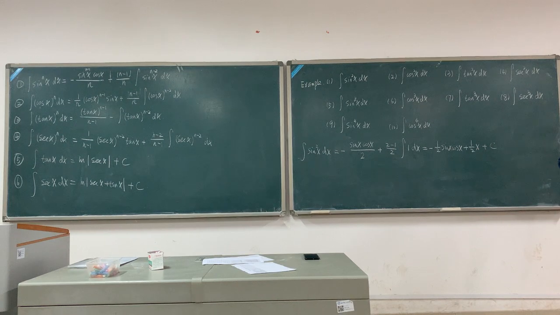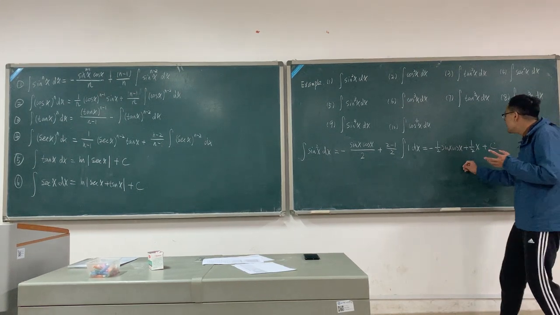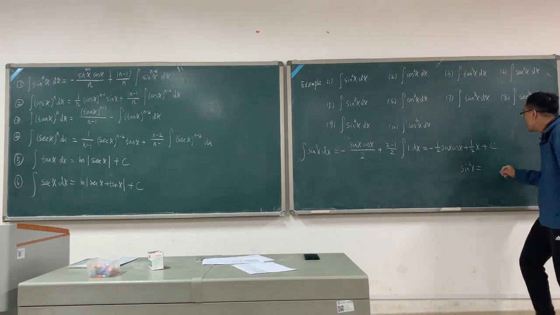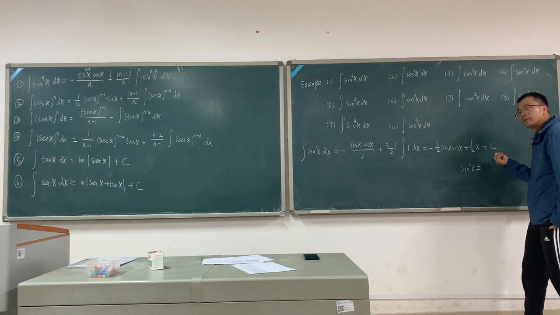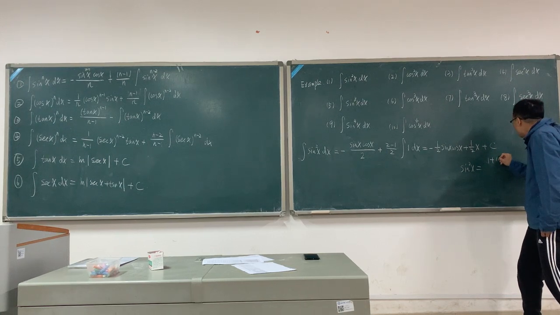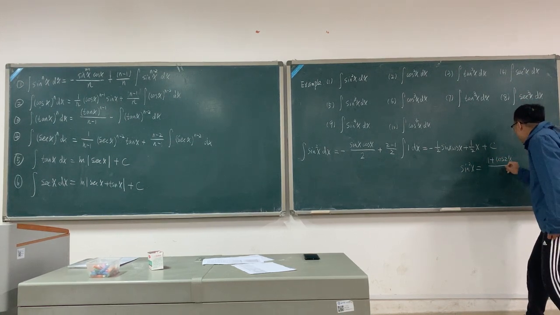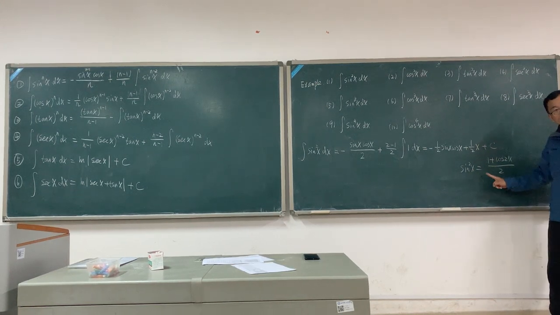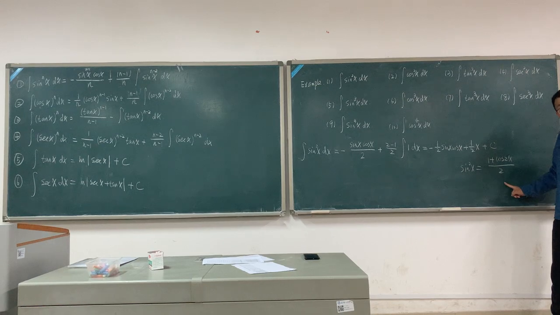The second method is what? The second method is we can use the formula here. Sin x squared equals what? Equals 1 plus cosine 2x by 2, okay? We introduced this formula in the first class.